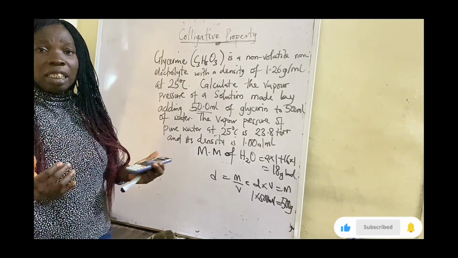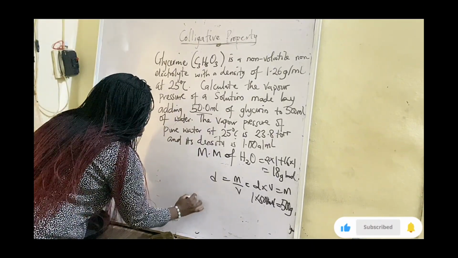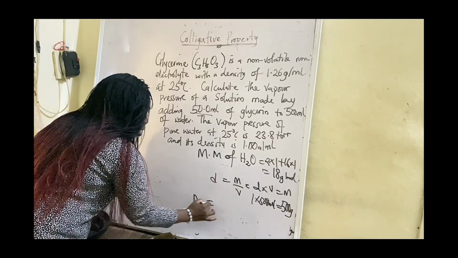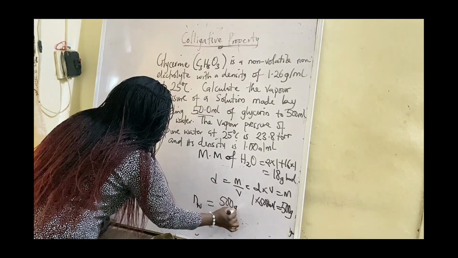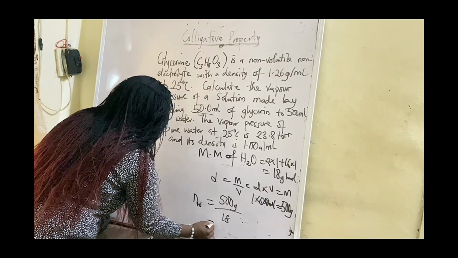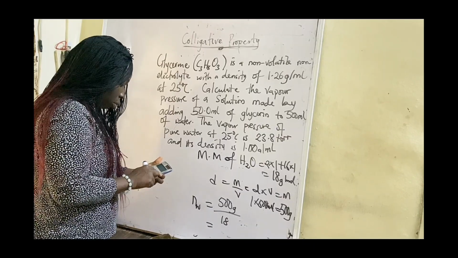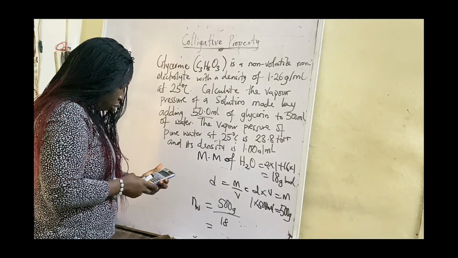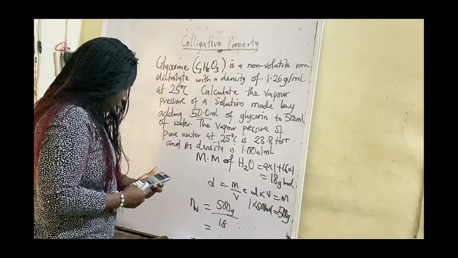Now that you have gotten the gram of water, calculate the number of moles. Number of moles of water is equal to 500 gram all over the molar mass of water, so simply press your calculator and you have 500 divided by 18.